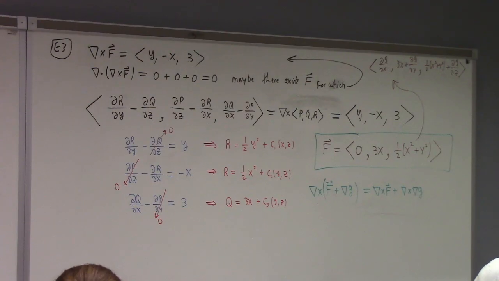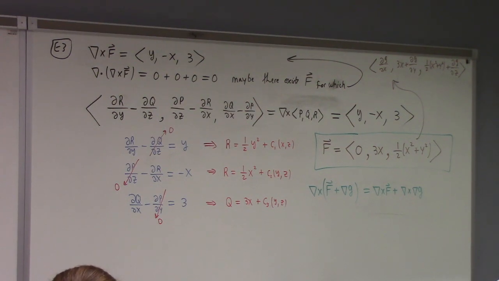Find a potential for F equal to, let us say, ABC, such that F of x naught, y naught, z naught is equal to 0.